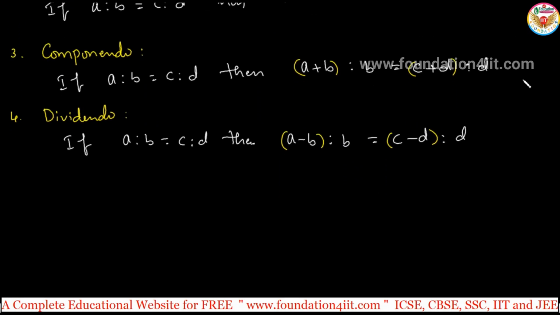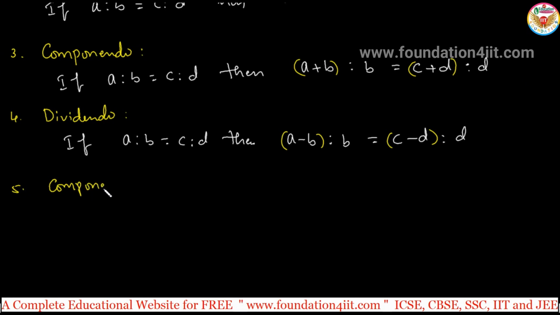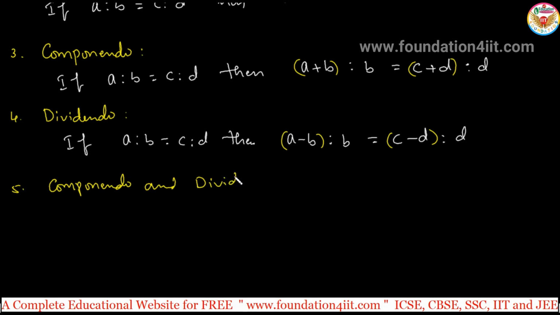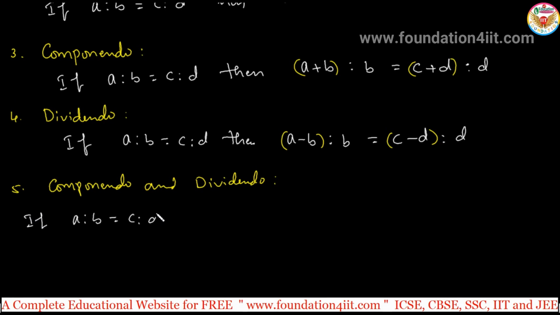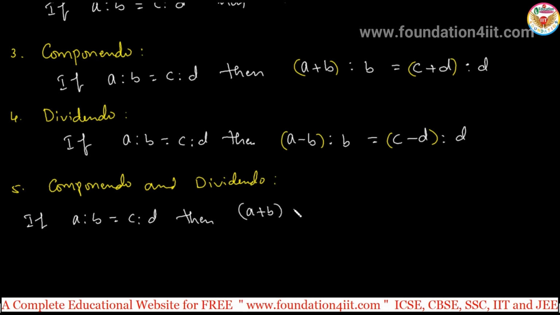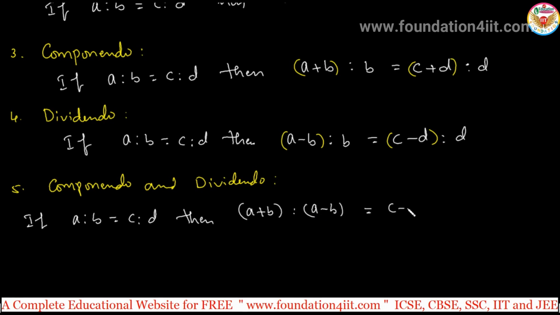Next, the fifth one: third and fourth together we can make the fifth. That is componendo and dividendo combined. So the componendo and dividendo rule. In this, if a is to b is equal to c is to d, then a plus b is to a minus b is exactly equal to c plus d is to c minus d.